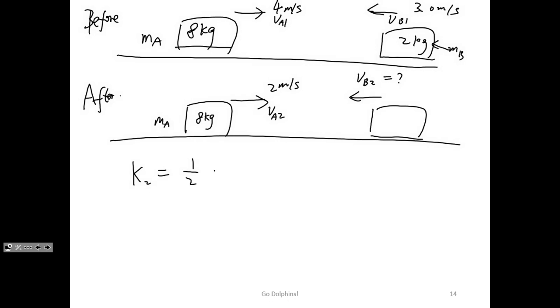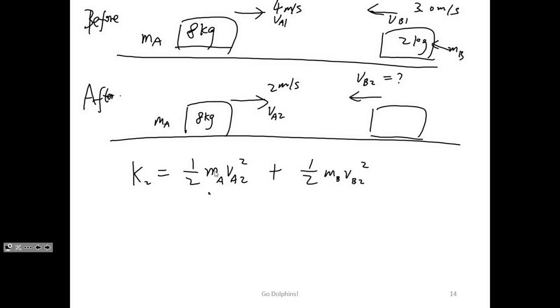K2 should be calculated as 1/2 MA VA2 squared, kinetic energy of object A after the collision, and then 1/2 MB VB2 squared.